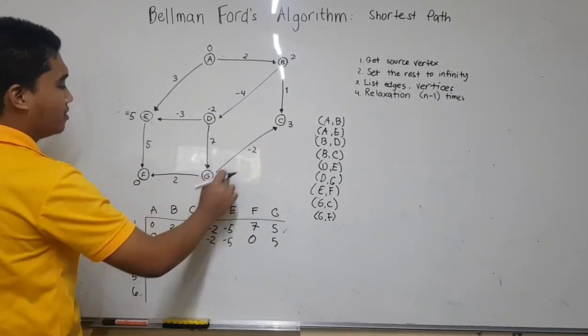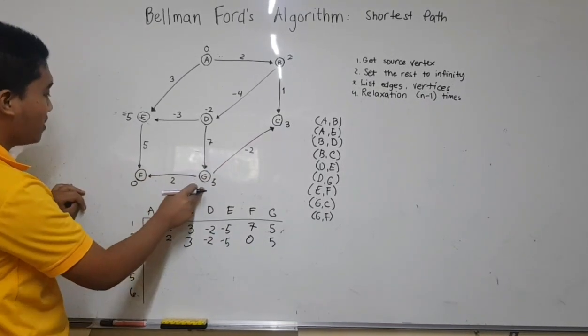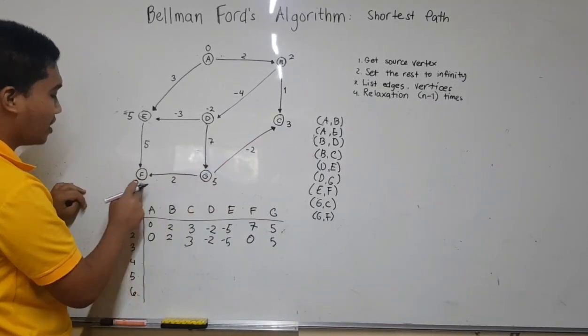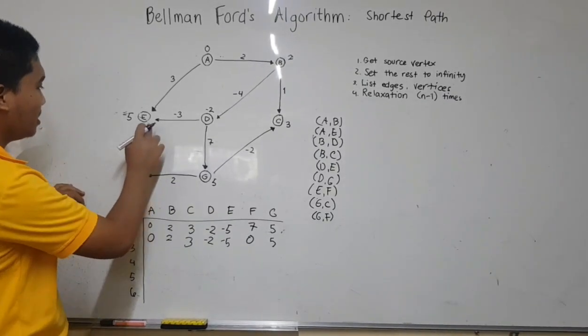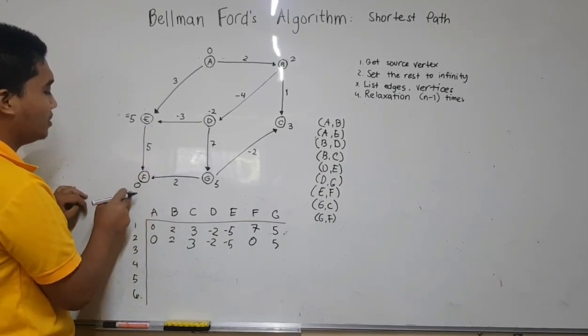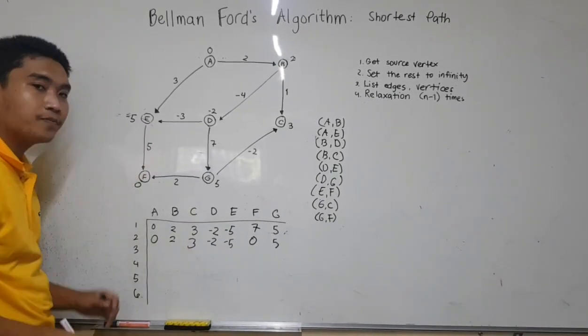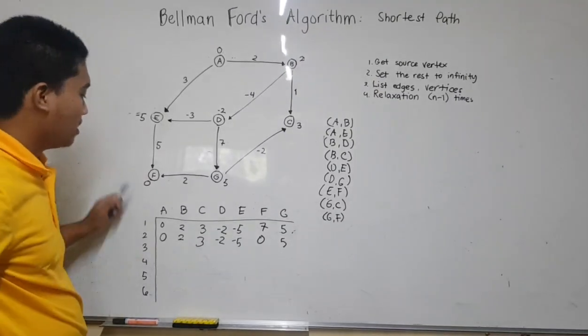G to C, 5 minus 2, 3, no change. G to F, 5 plus 2, 7, 0 is already there, so 0 is better. Then E to F is negative 5 plus 5, 0, no change. So we are at the same correct answer.